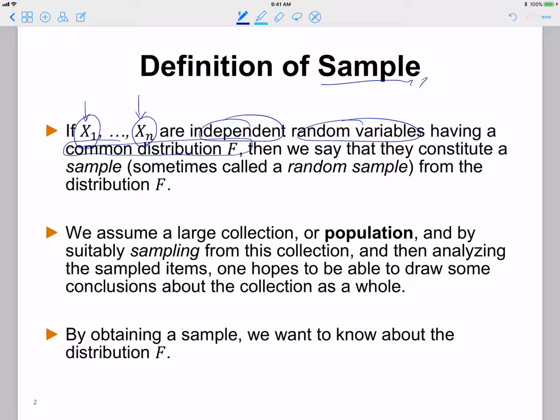So does anyone know another name for this situation? Has anyone heard about IID? What is the full name of this IID?